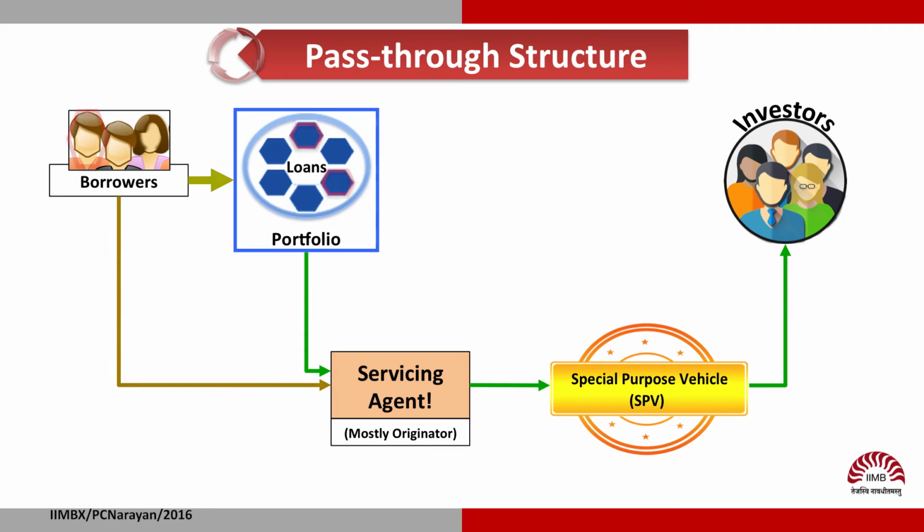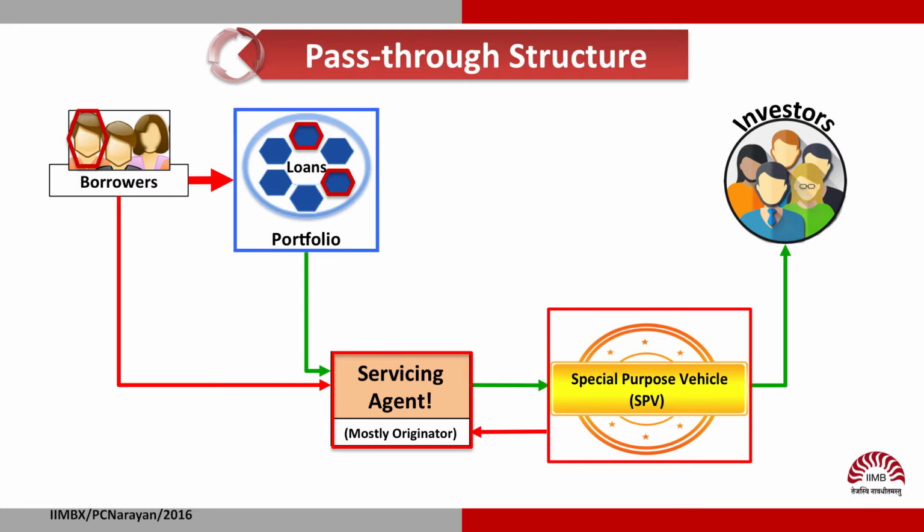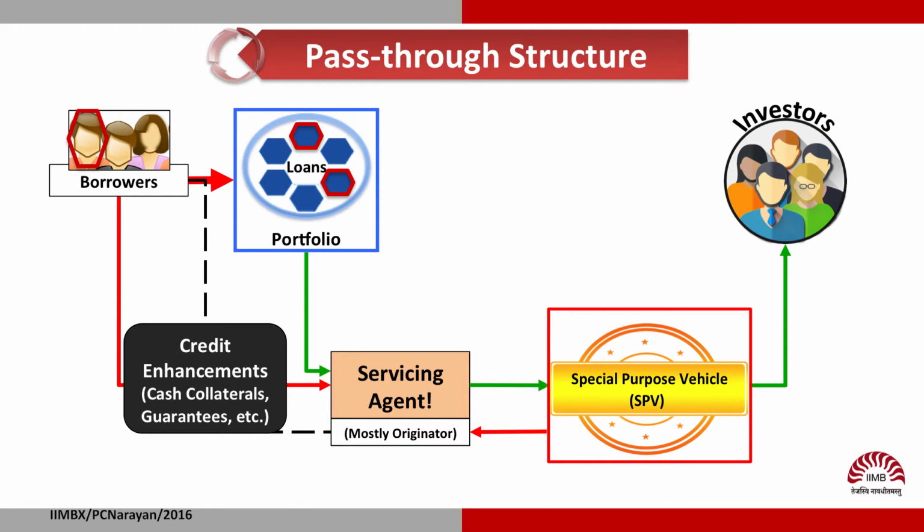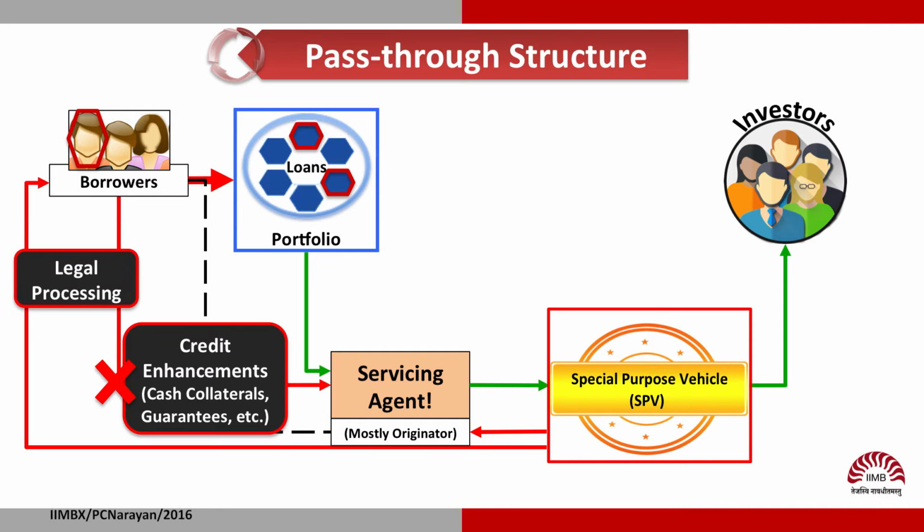In the event the borrower defaults on his repayment, the SPV instructs the originator to make good the loss by invoking the available credit enhancement such as cash collateral, guarantees, etc. If that particular securitization portfolio is not backed by any credit enhancement, in other words, the payment structure has no recourse, the SPV will ask the originator to proceed legally against the defaulting borrower.